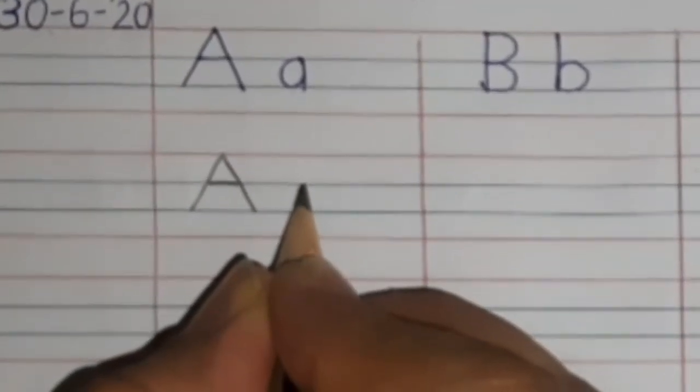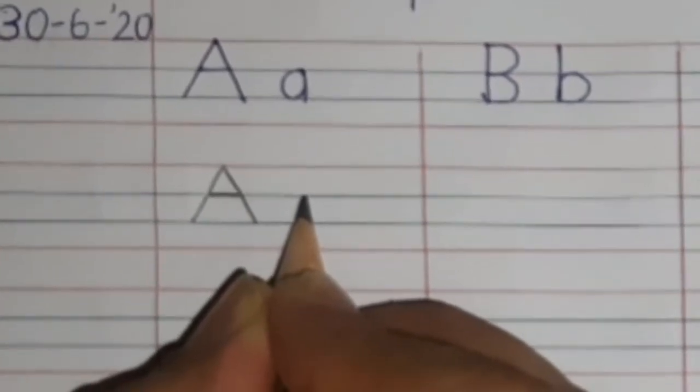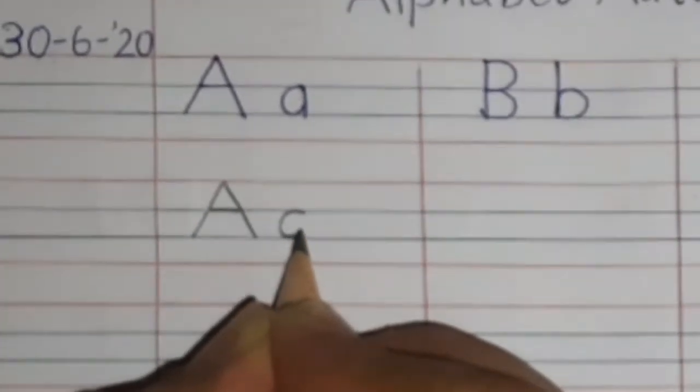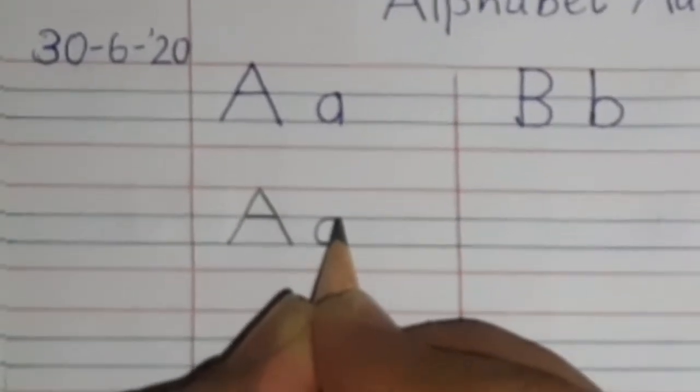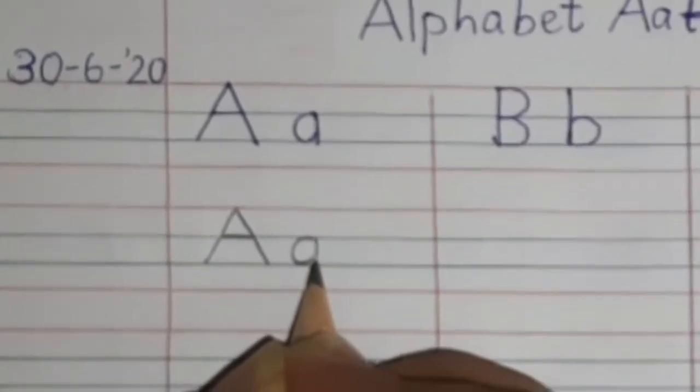Then start small letter a from the first blue line. C curve, go up, standing, come down, standing till the second blue line.